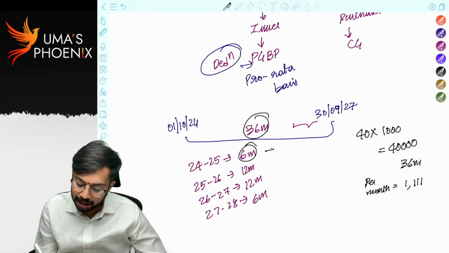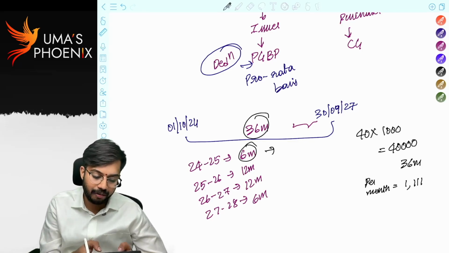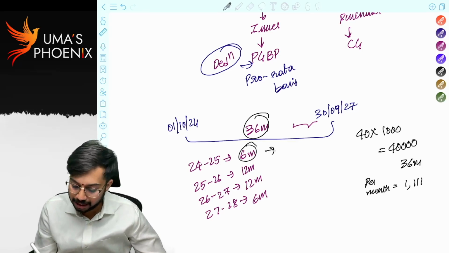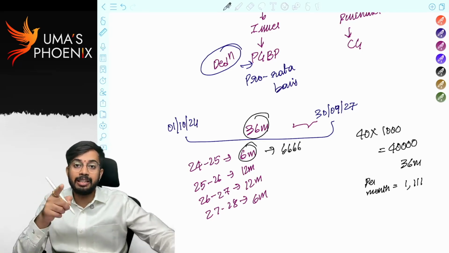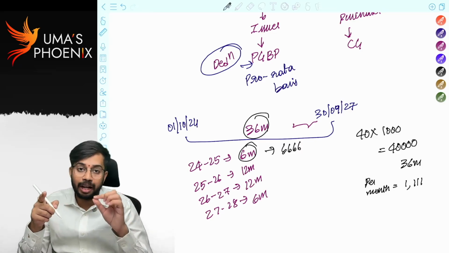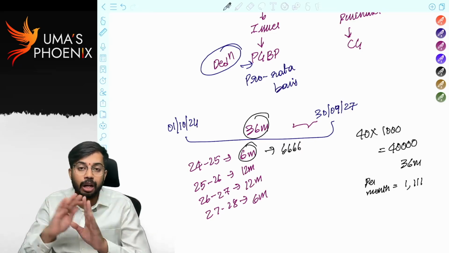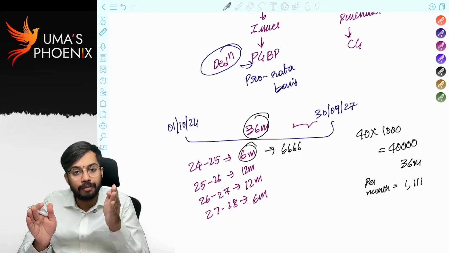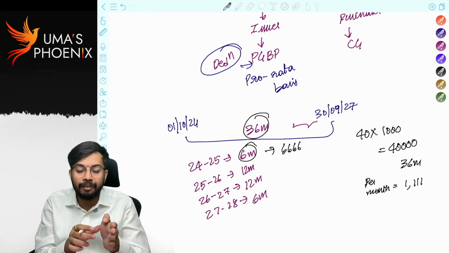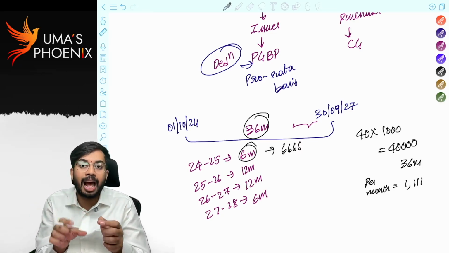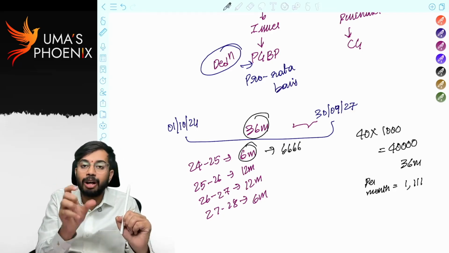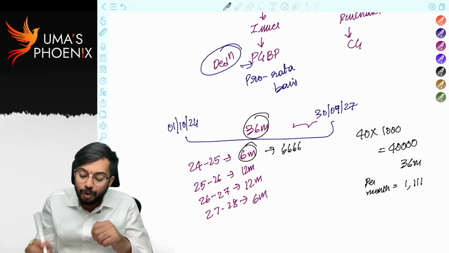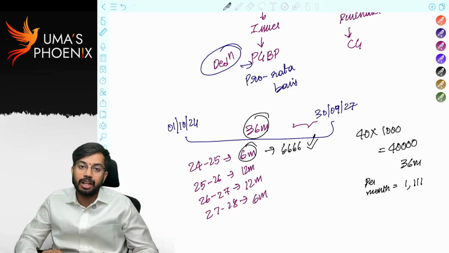For 6 months, 1111 into 6, so 6,666 is allowed as deduction. Is it clear? These are issued in 24-25, but you cannot claim the total 12 months as expenditure as they are issued on 1st October. In 24-25, those zero coupon bonds are alive for only 6 months. So proportionately for 6 months, only that discount expenditure is allowed as deduction. Is it clear?